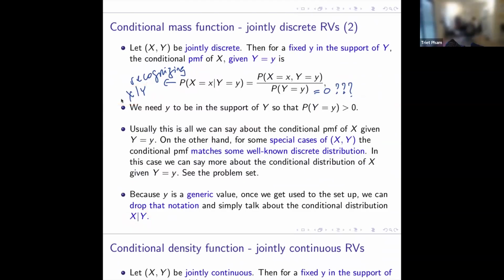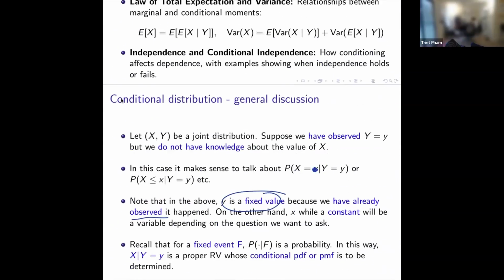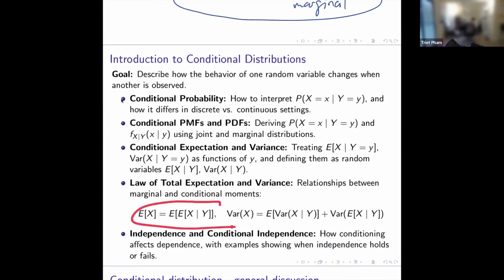This has use when we look at the law of total expectation and law of total variance. In the law of total expectation and law of total variance, you have 2 layers of calculation. The inner layer, which deals with the X, and the outer layer, which deals with the Y.